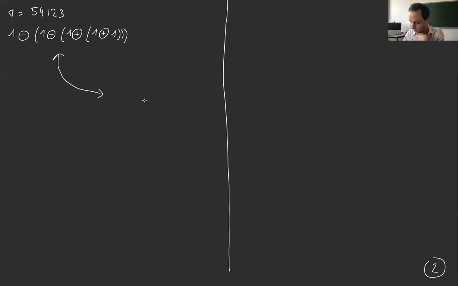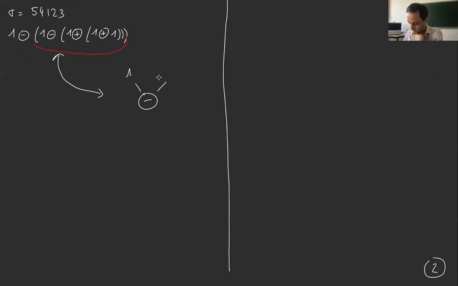At the root, I put a minus, which comes from here. So it is minus the trivial permutation 1. And the right-hand side is this permutation.